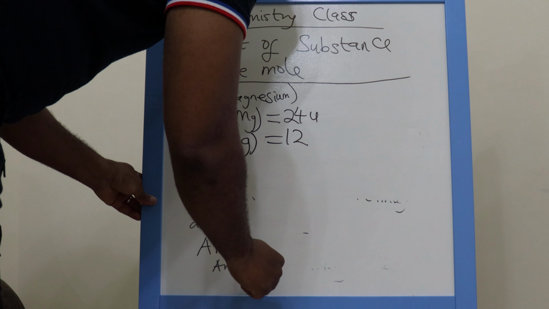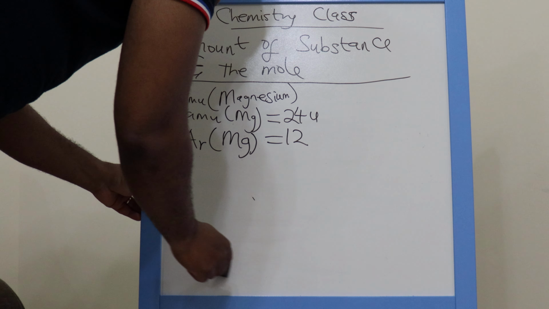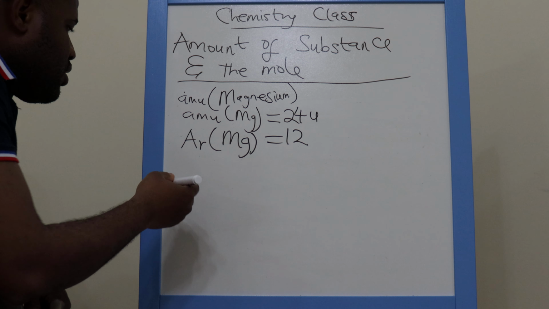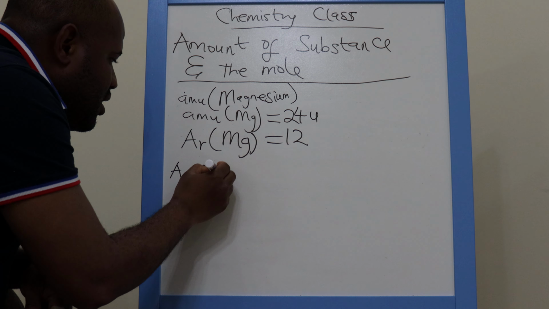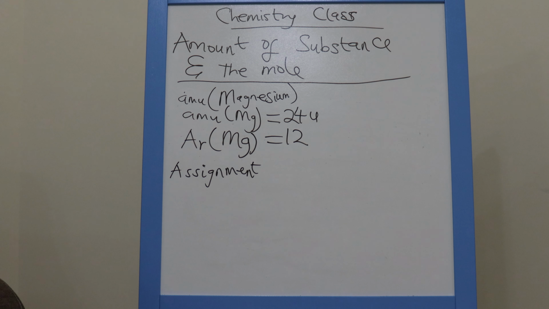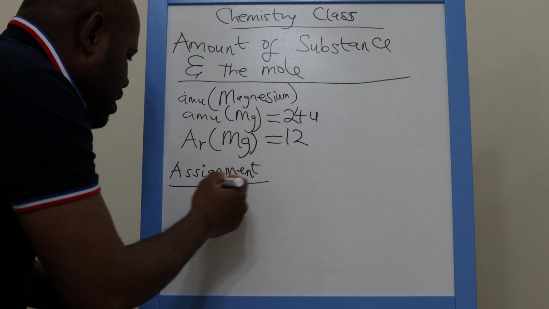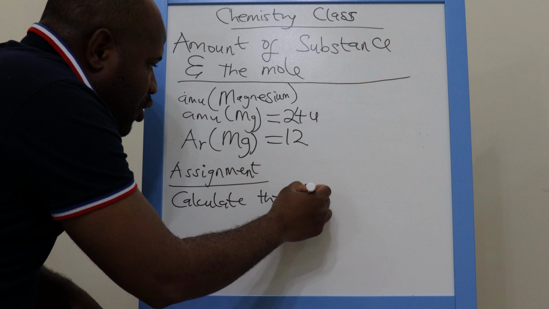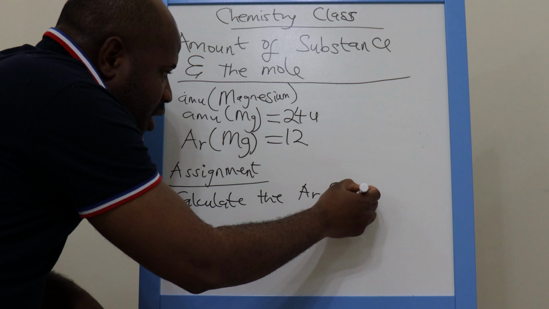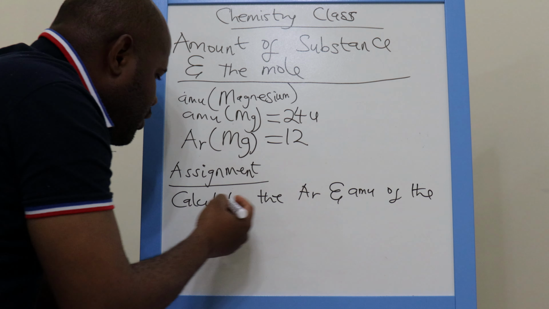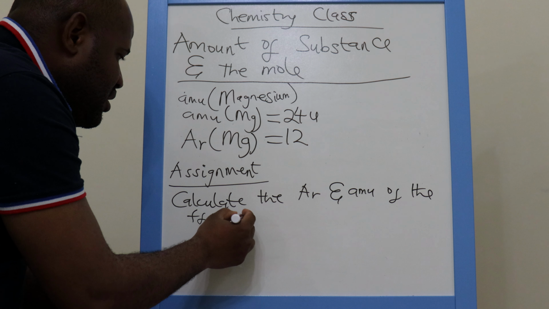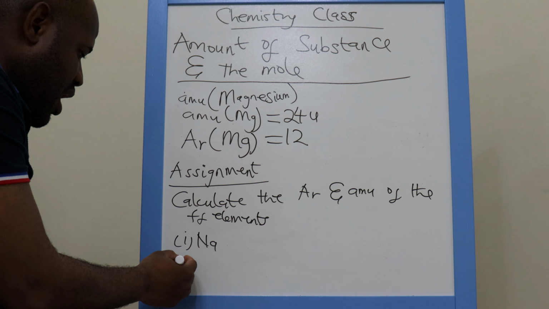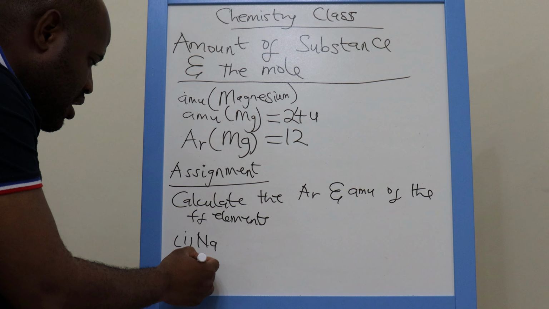Calculate the relative atomic mass and atomic mass unit of the following elements: sodium and aluminium.